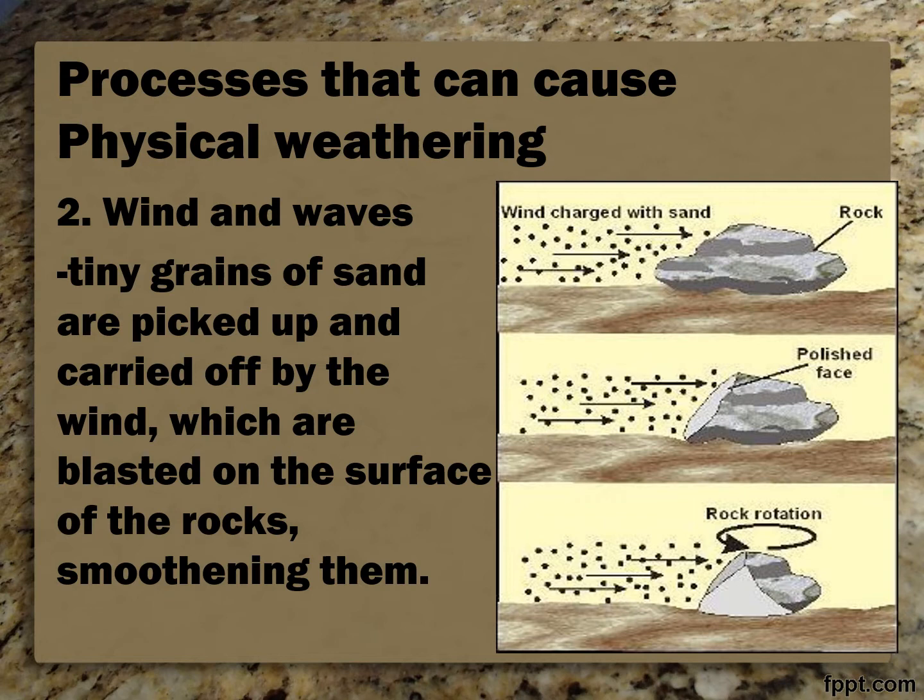So if you would notice, when there's wind, it picks up sand particles and other kinds. Sometimes when there's a typhoon, there are even roofs and walls of houses carried along by the strong wind, right? And when these hit our big rocks, of course, the sand and other particles will smoothen or affect the shape and the size of our rock through time. Of course, it is not sudden, but gradually there will be a change in the size and shape of our rock.